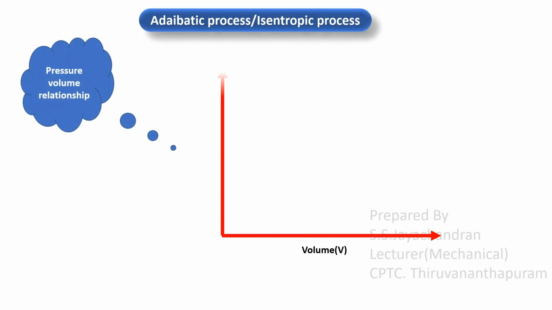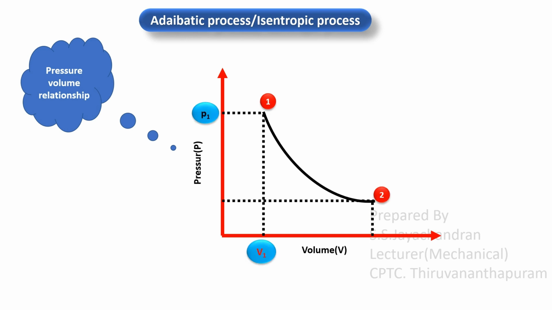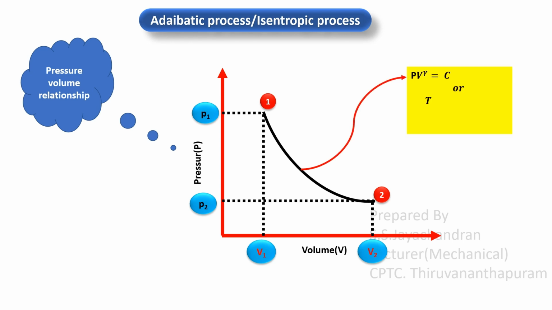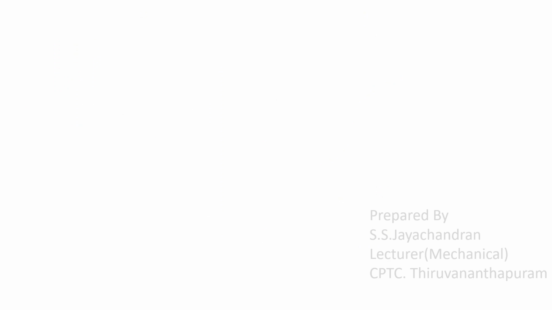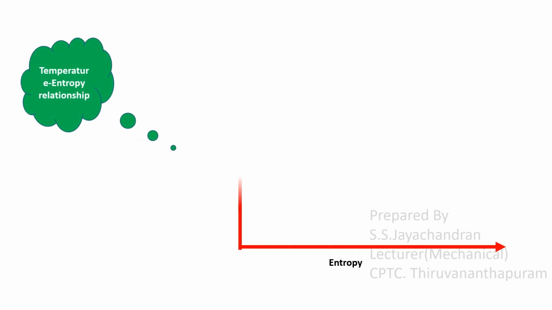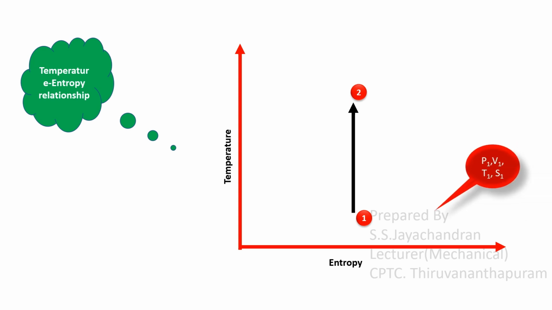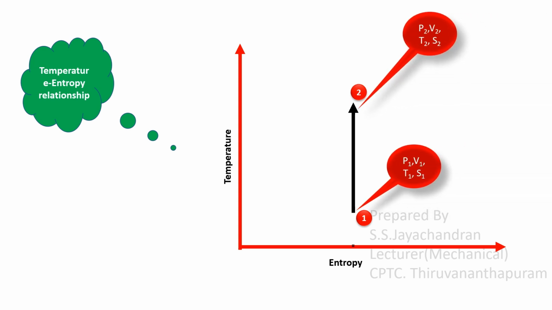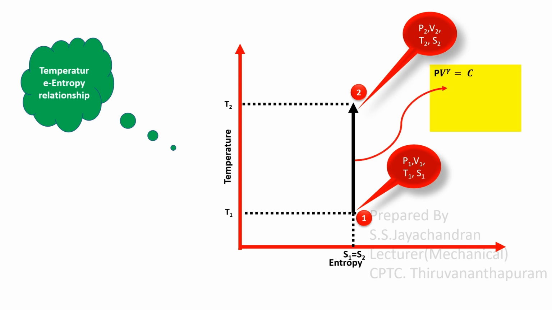Reversible adiabatic process or isentropic process. The pressure-volume diagram of the adiabatic process is shown here. The temperature-entropy diagram for an isentropic process 1 to 2 is shown here. The governing equations for the isentropic process are PV^gamma equals a constant, TV^(gamma minus 1) equals a constant, and P^(1 minus gamma) T^gamma equals a constant.